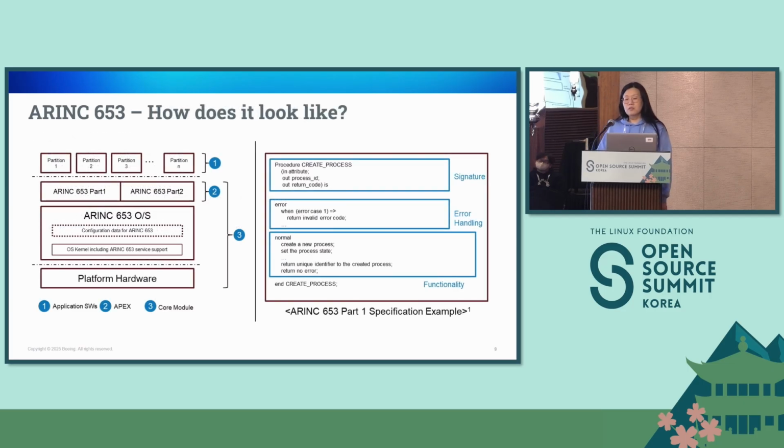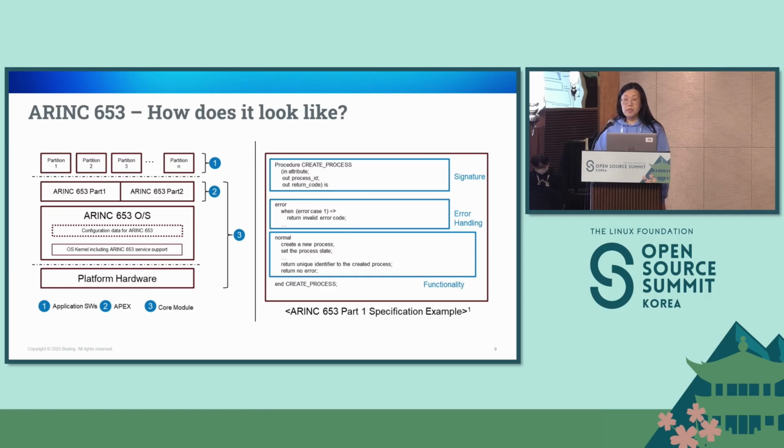So what does it look like? The left one is the conceptual diagram for the module architecture specified in Part 0. From the top: applications, APEX services, operating systems supporting the ARINC APEX service, and platform hardware.